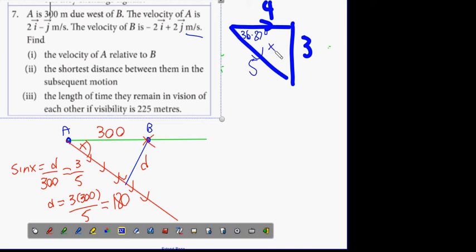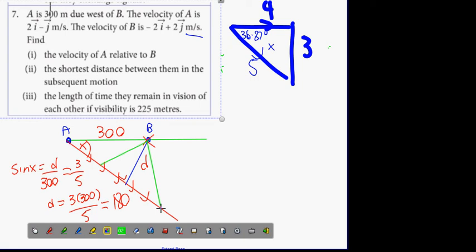Now, what we're looking at here is forming a triangle. Okay, show this again. Here we go. So the distance in question has to be 225 meters away.